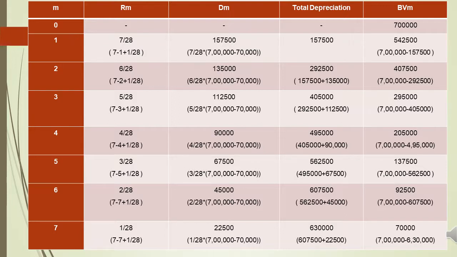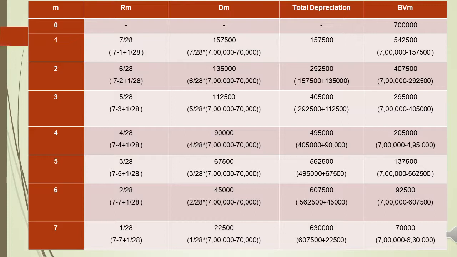Using that value of n, I will solve SOY. In the previous slide you can refer. SOY I have substituted, 7 into 7 plus 1 divided by 2, so I get the SOY value as 28. Now using this SOY value, I can calculate RM, that is n minus m plus 1 divided by SOY.